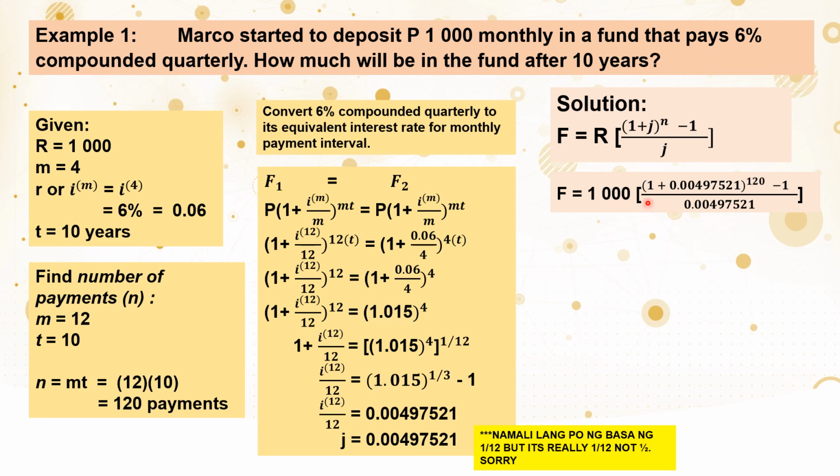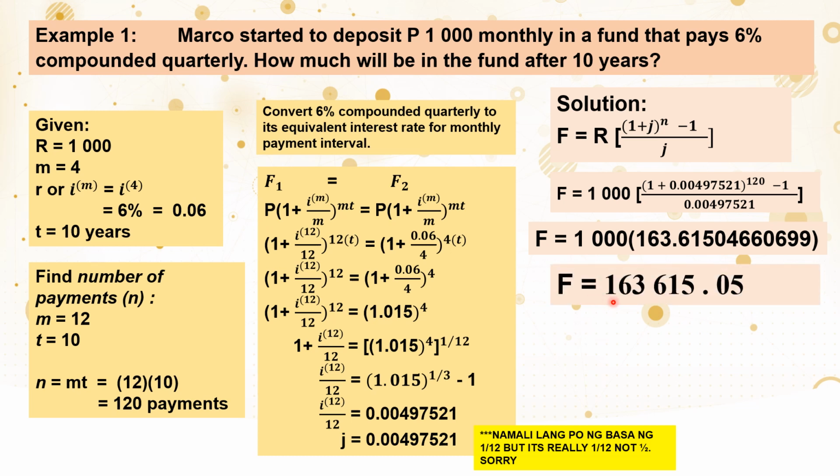Simplifying this using our calculator, we get 163.6150466069. Multiplying it by 1,000, we get 163,615.05.